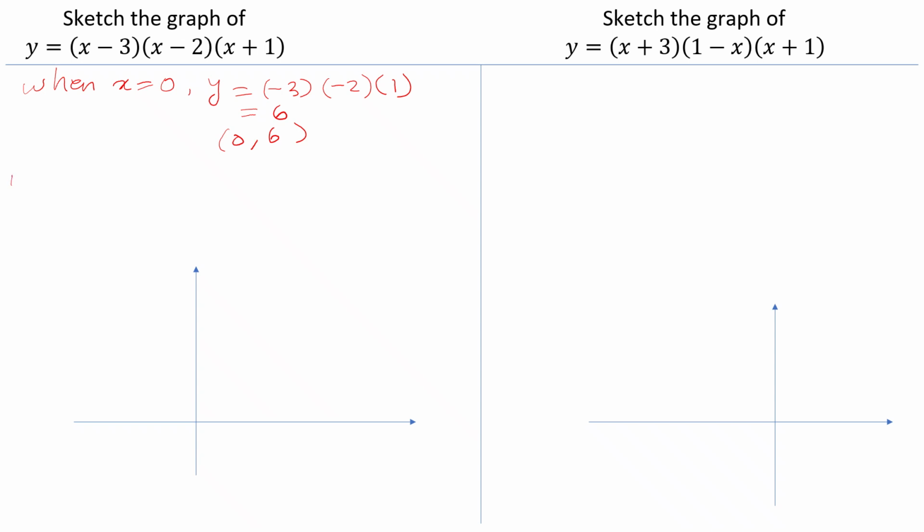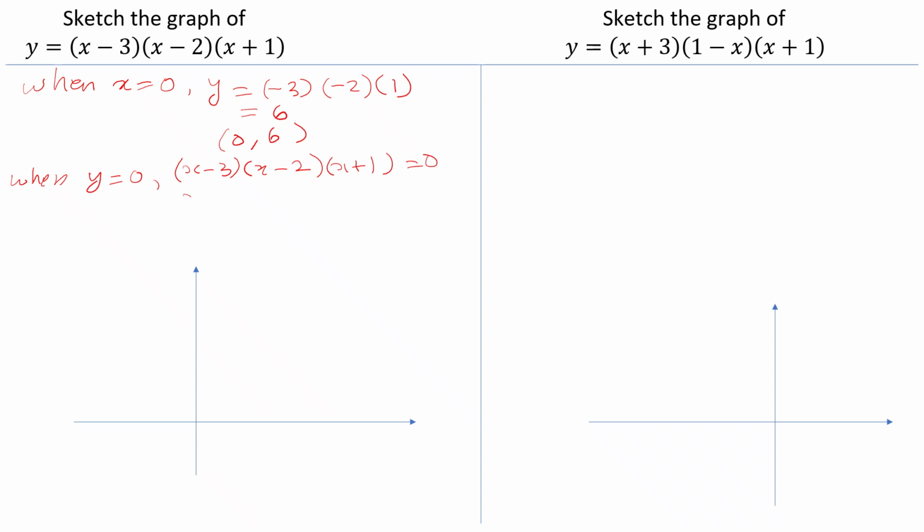Then when y equals 0, find the roots. So y equals 0, x minus 3 times x minus 2 times x plus 1 equals 0. So either of them must be 0.